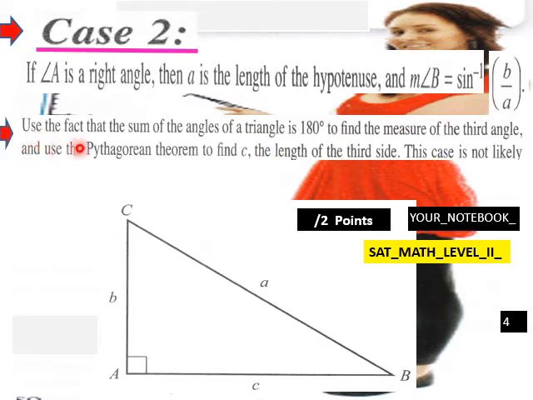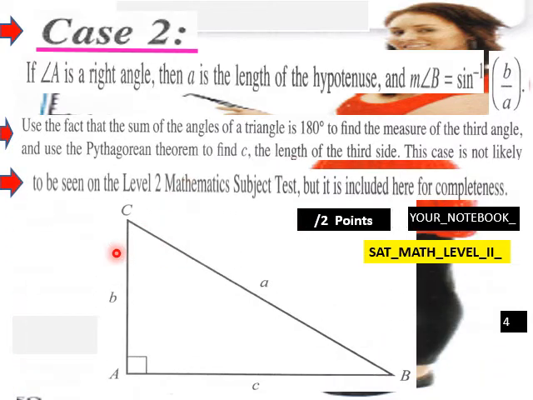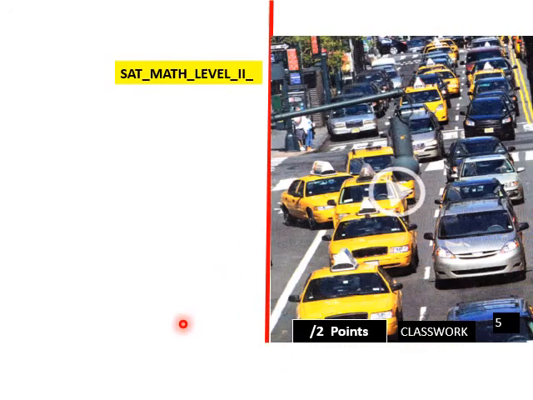Use the fact that the sum of the angles of a triangle is 180 to find the measure of the third angle, and use the Pythagorean theorem to find the length of the third side, c. This case is not likely to be seen on Level 2 math subject tests, but it is included here for completeness and for review of your Pythagorean usage, solving triangles.